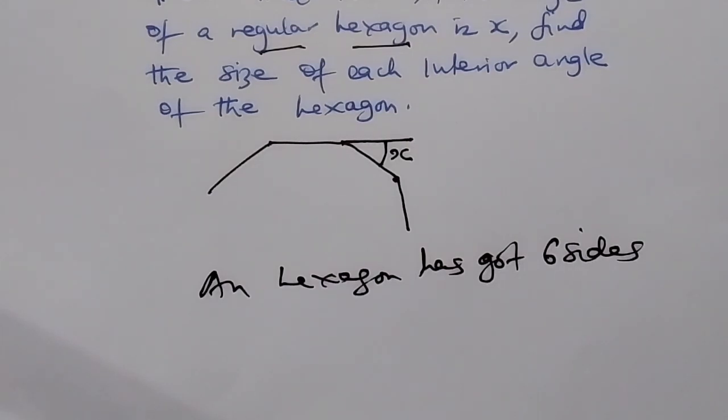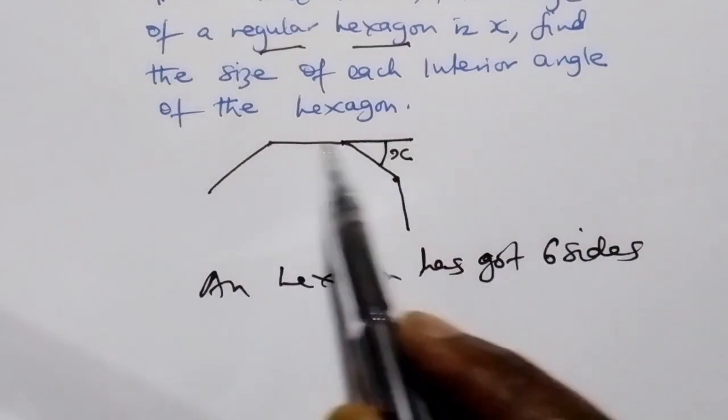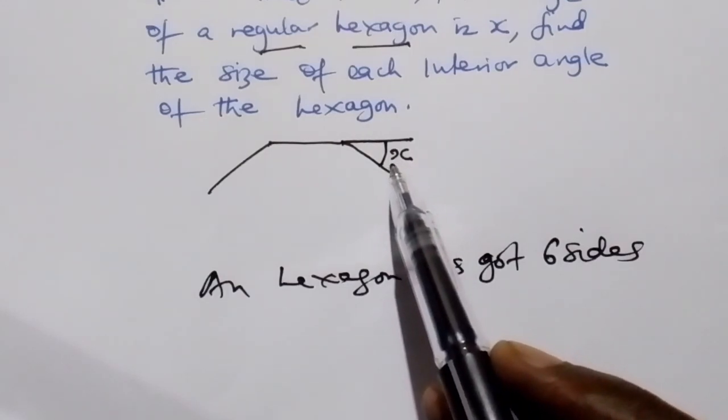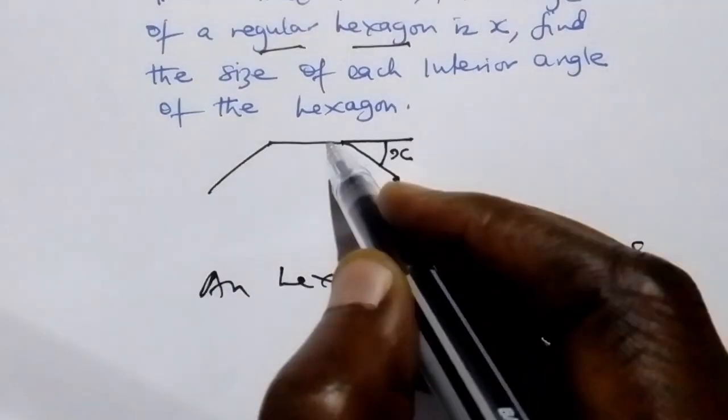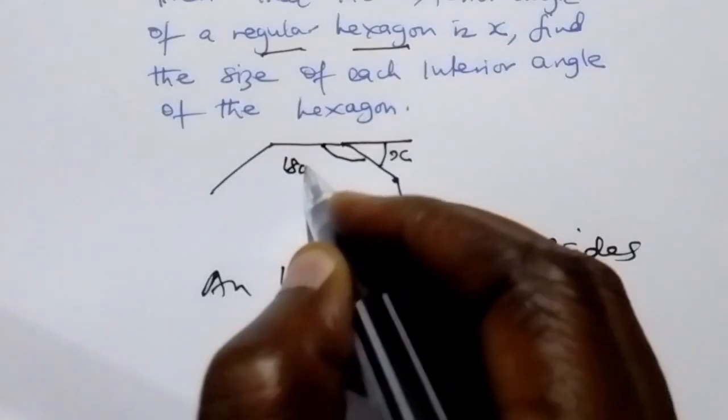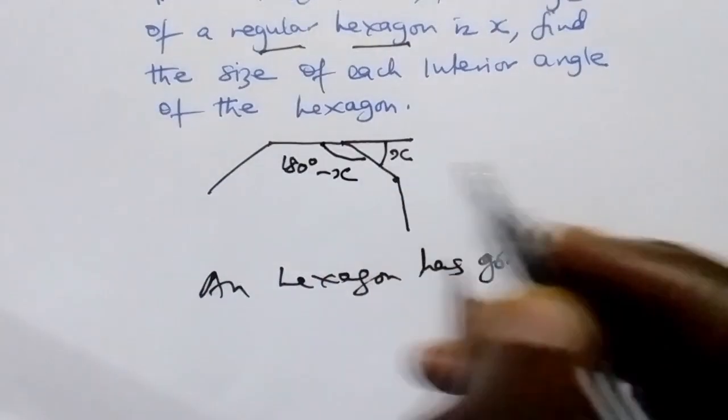angle of the hexagon. So this is a straight line, and now that we are given the exterior angle to be x degrees, then the interior angle here is going to be 180 degrees minus x.